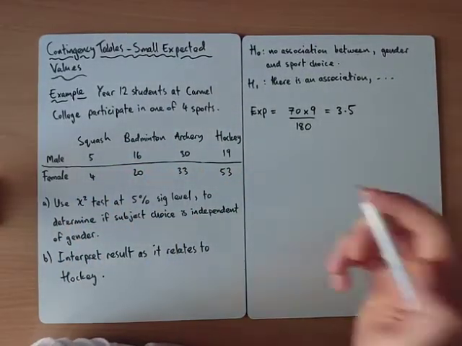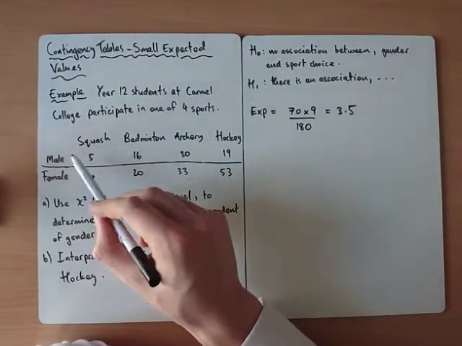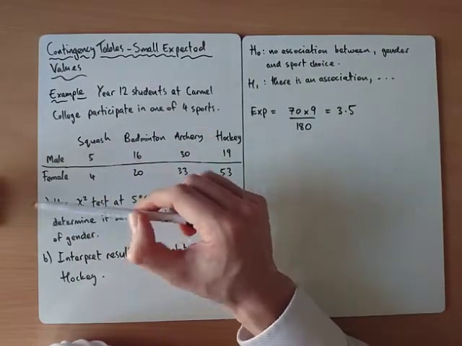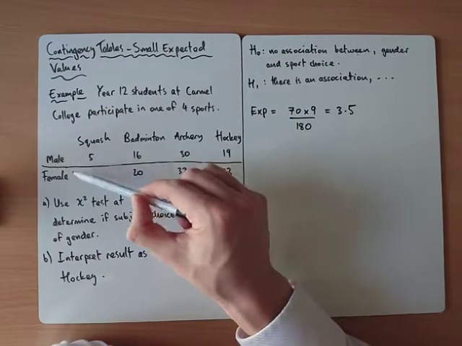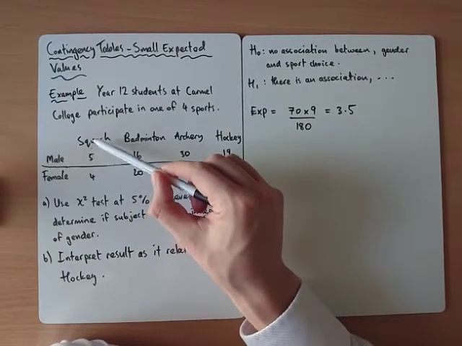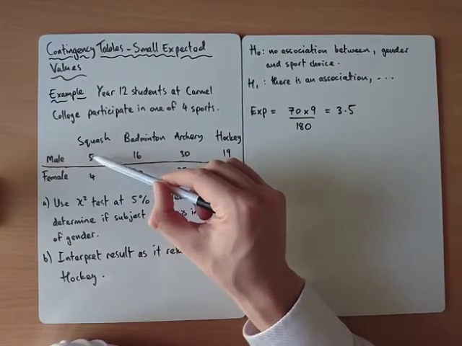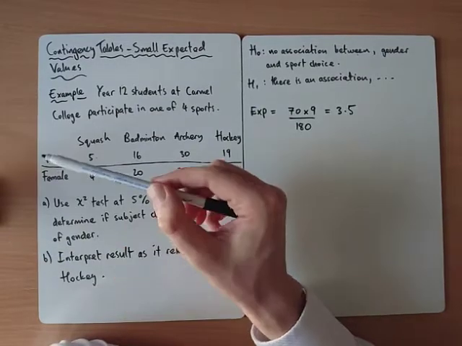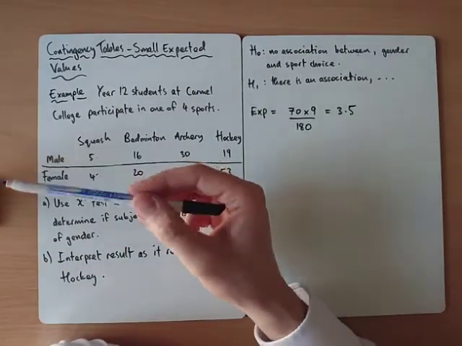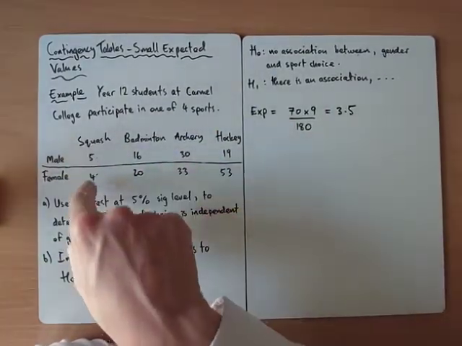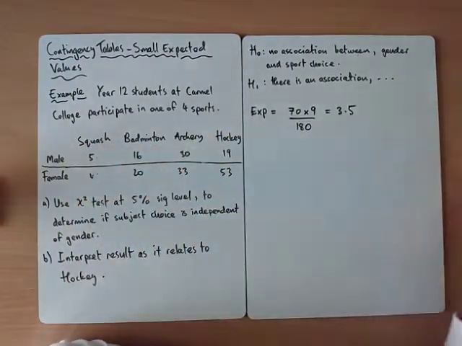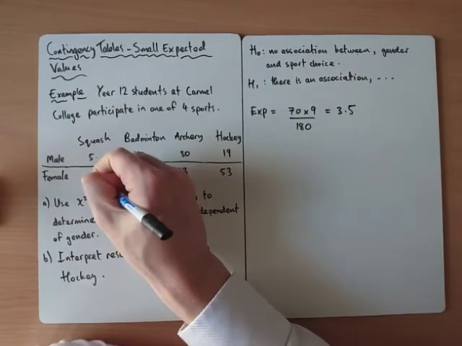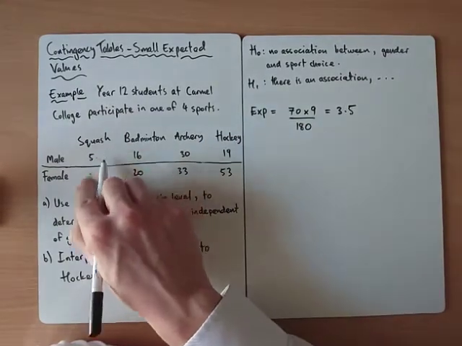I probably should have mentioned this at the start, by the way. It's not always immediately obvious, but if you look at squash, there's a very small number of students who've chosen squash. Because the observed values are small, the expected values are also going to be small. Clearly the total doesn't even add up to 10, so proportionally, there's no way that could ever give us expected values which are more than 5.